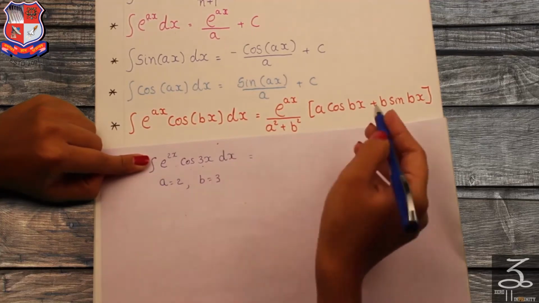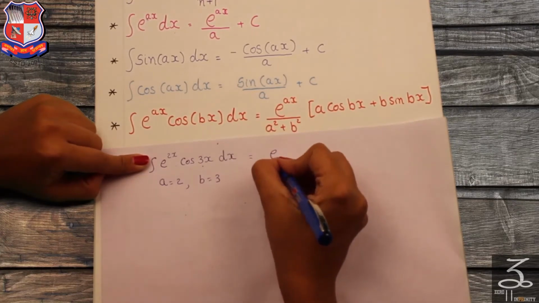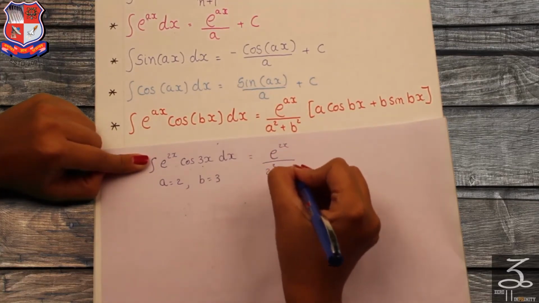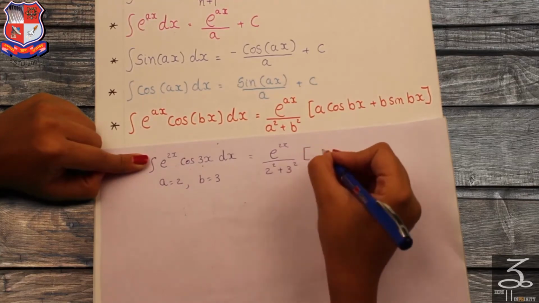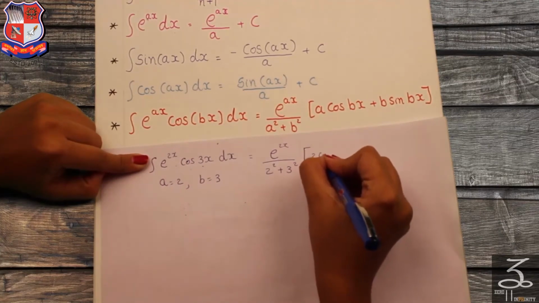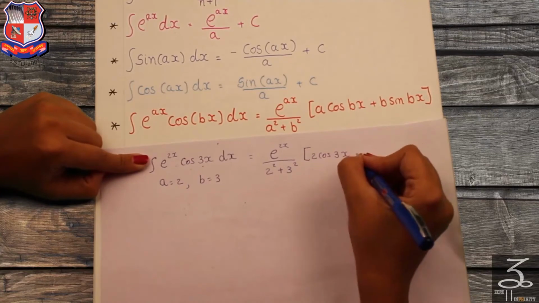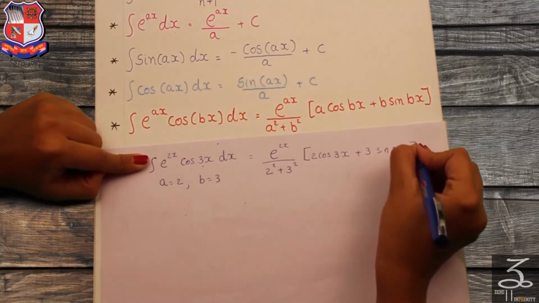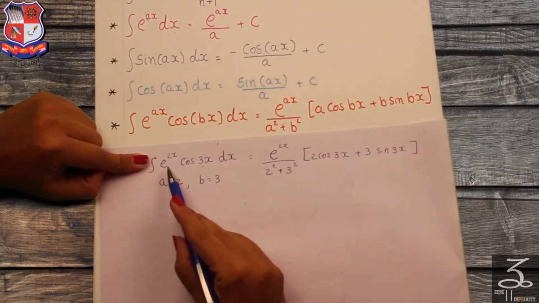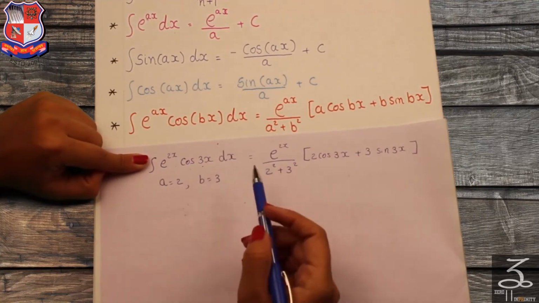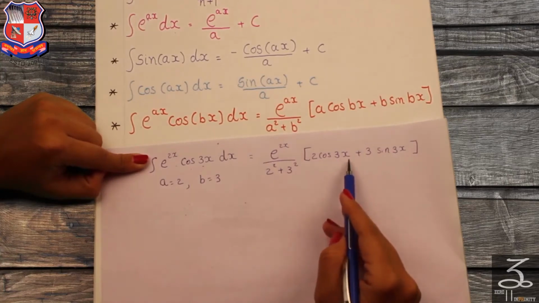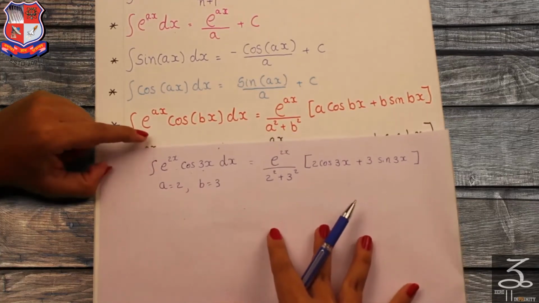Now substituting the values of a and b in the standard equation, we get e raised to 2x by 2 square plus 3 square into 2 cos 3x plus 3 sin 3x. So integration of e raised to 2x cos 3x dx is equal to e raised to 2x upon 2 square plus 3 square into 2 cos 3x plus 3 sin 3x.